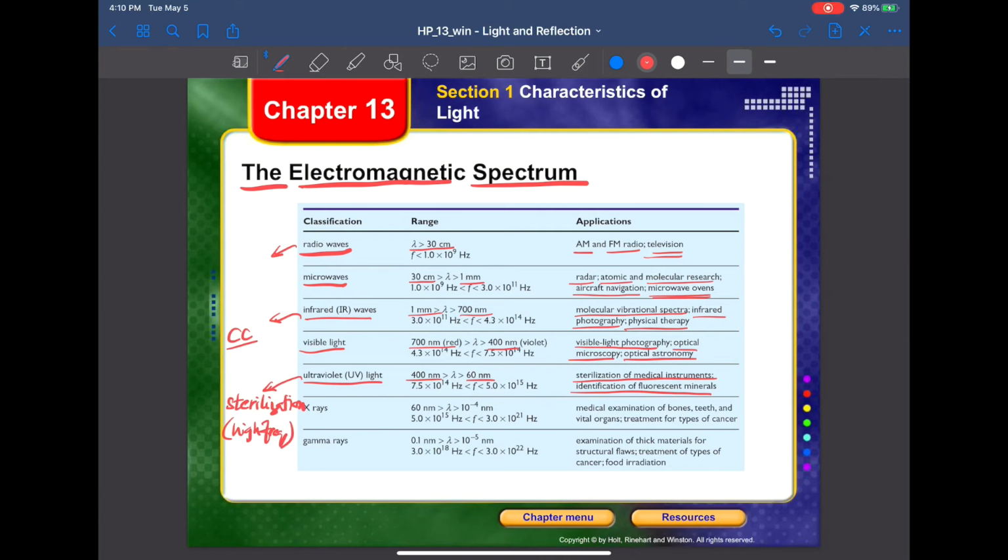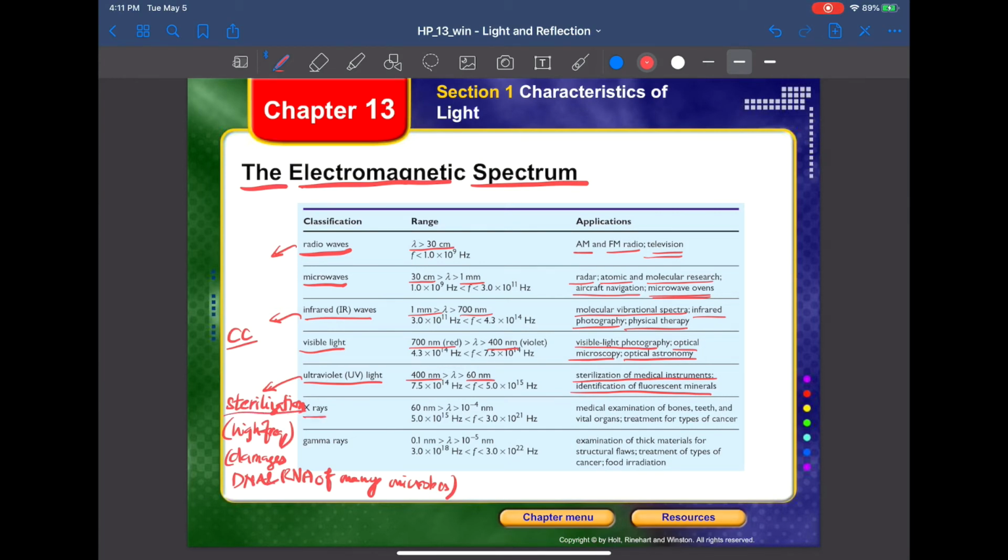What that frequency does is damage the DNA and RNA of many microbes, so that they don't live and they die off. So this is generally a way for sterilization.